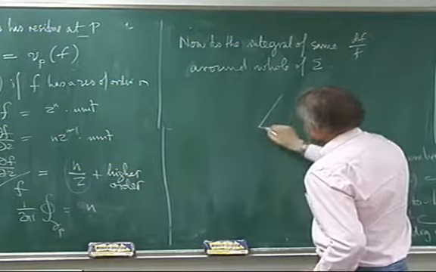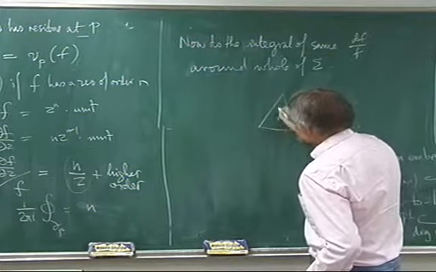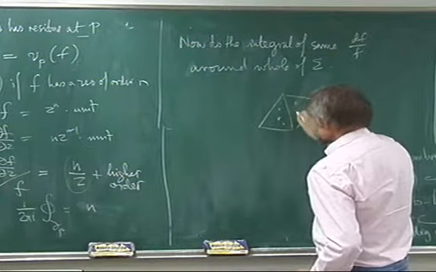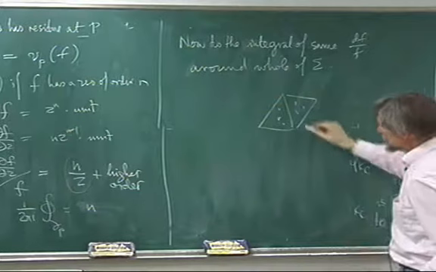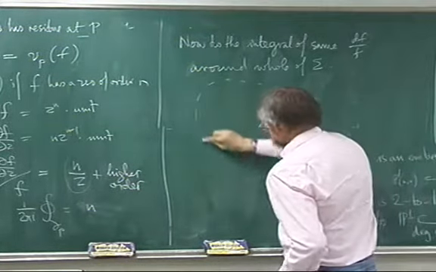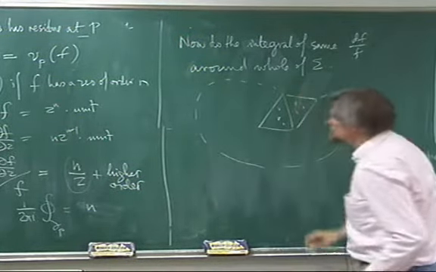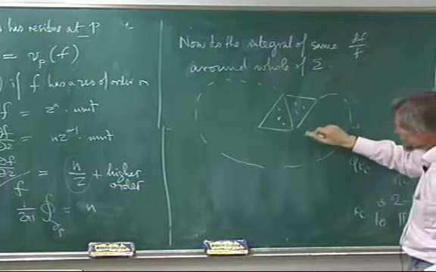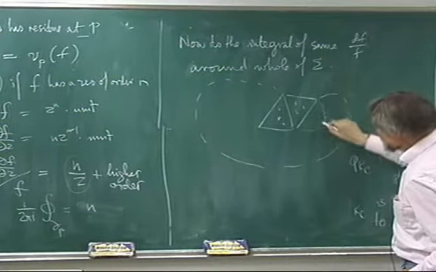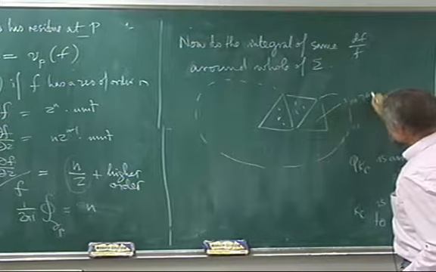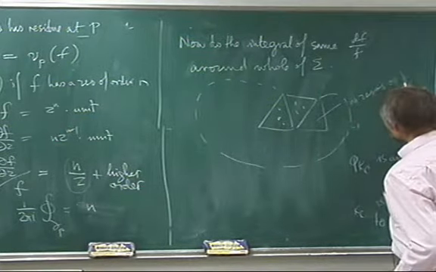There'll be some finite number of these triangles which have zeros and poles in them, and then the rest. So here I'm doing an integral with no zeros or poles.